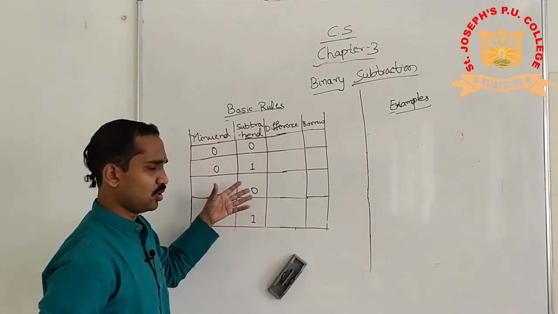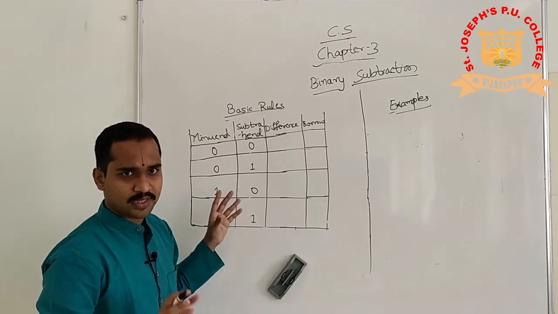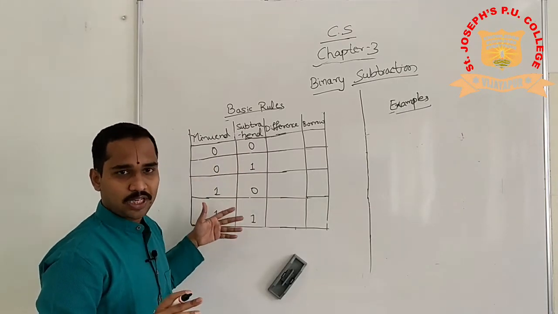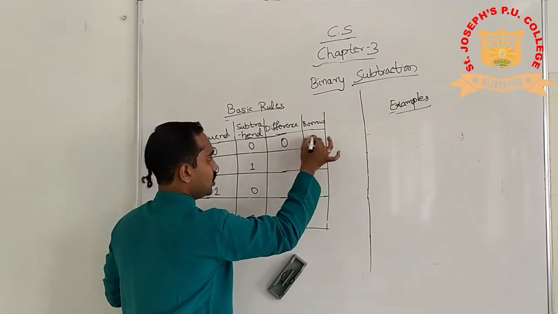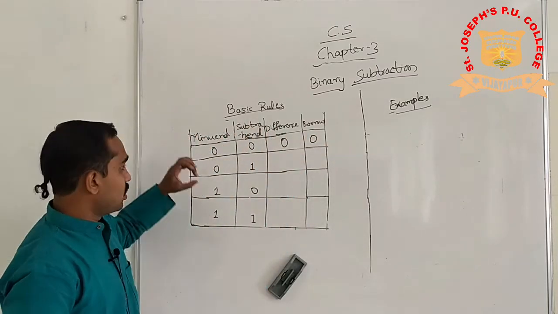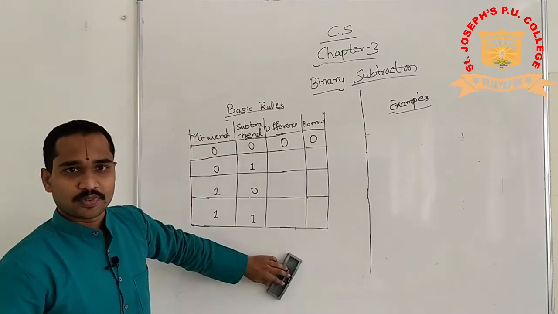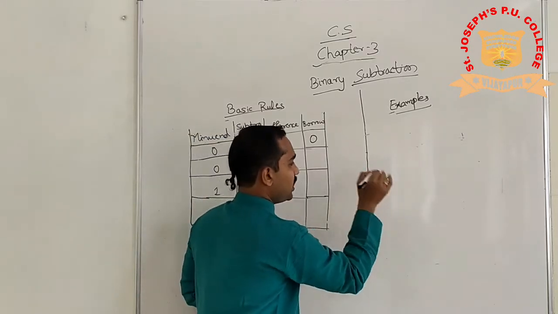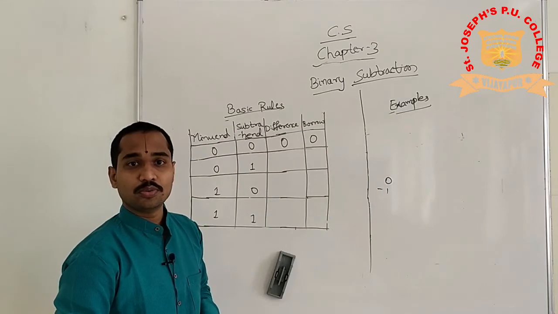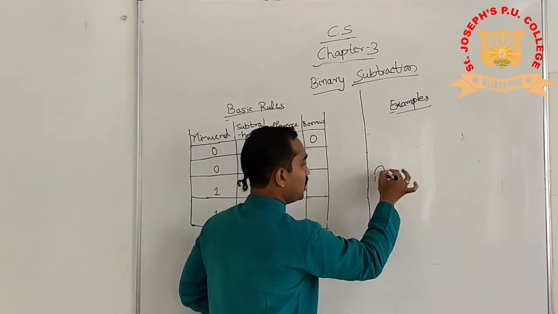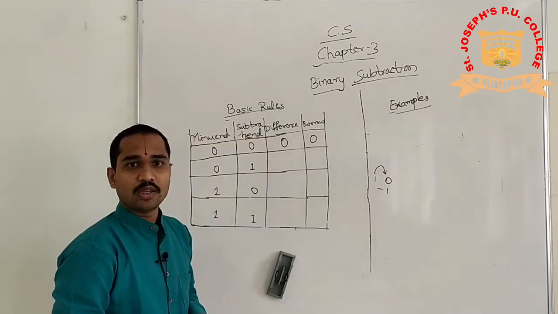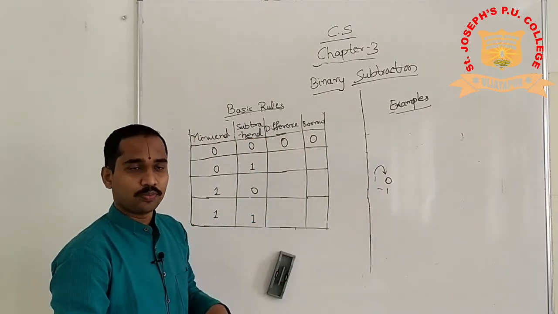0 minus 0. You know that only 2 digits are possible, 0 and 1, and so only 4 combinations are possible. So 0, 0: difference is also 0, borrow is also 0. 0 minus 1. What are you doing? When you do 0 minus 1, you take 1 borrow.